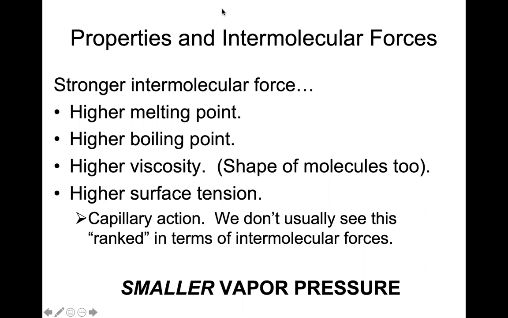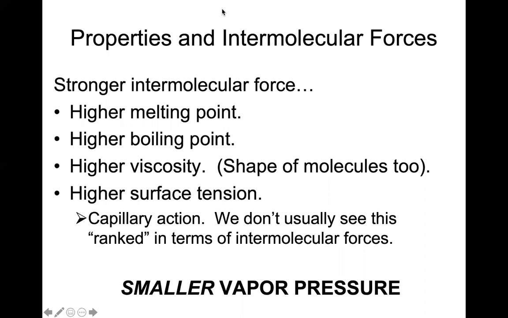And then I was also wondering, why doesn't chlorine form hydrogen bonds, even though it has a greater electronegativity than nitrogen? Okay, so with the hydrogen bond part, there's two features to it.